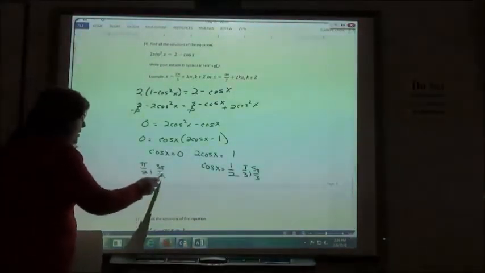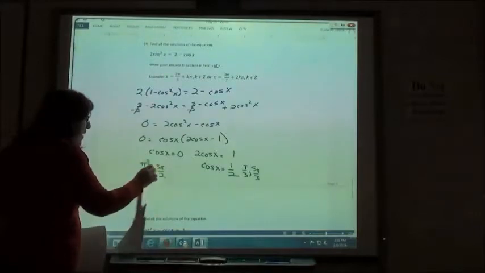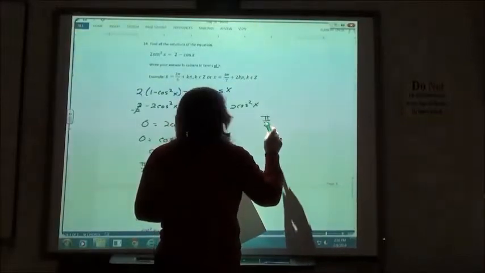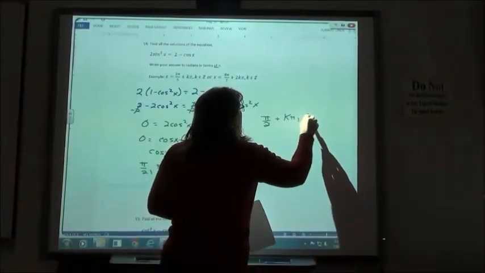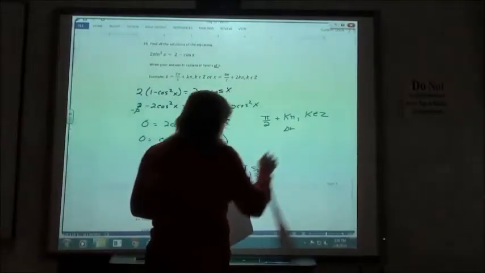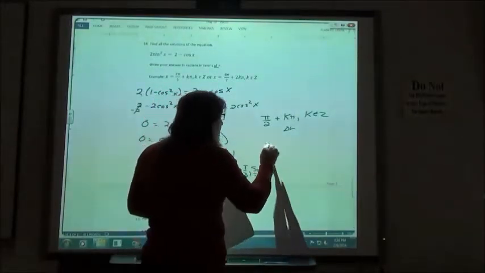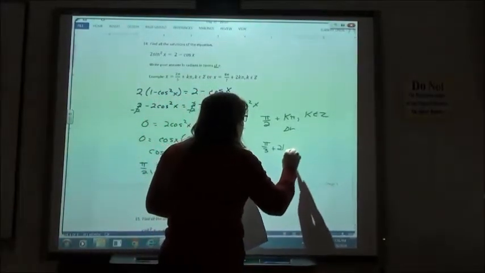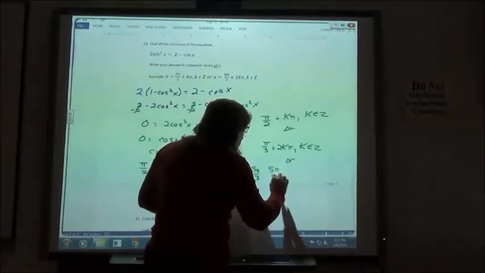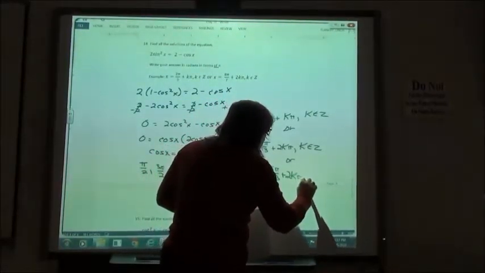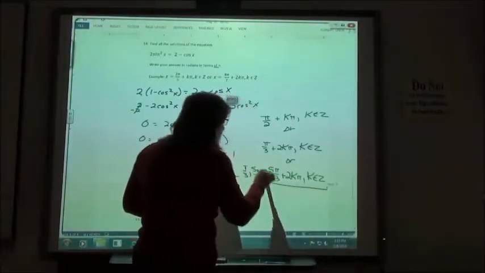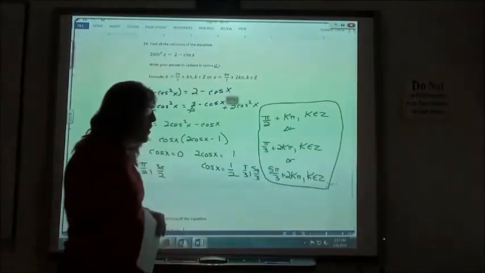And so, putting this into one answer, since I can add pi to get to 3 pi over 2, I'm going to have pi over 2 plus just a k pi, with k being an element of z, or, can't combine those ones, and those periods are 2 pi, so pi over 3 plus 2k pi, with k being an element of z, or 5 pi over 3 plus 2k pi, with k being an element of z. And so in this one, whoop, my box didn't draw. Those three things would go in for my answer.